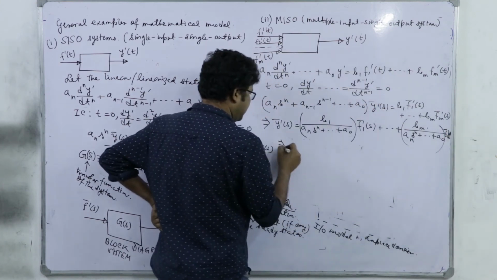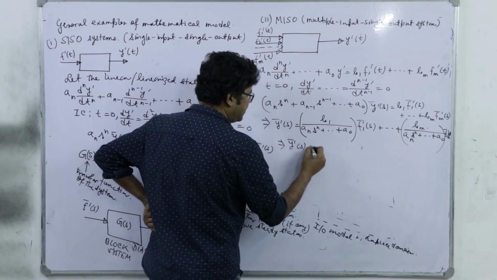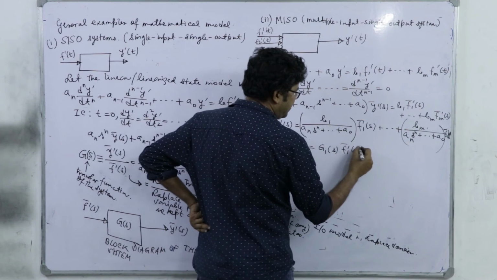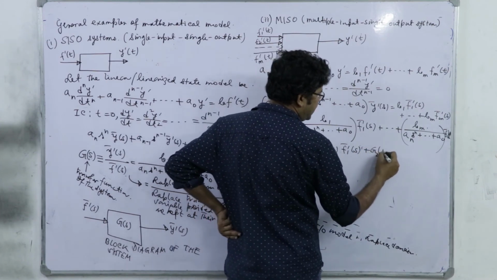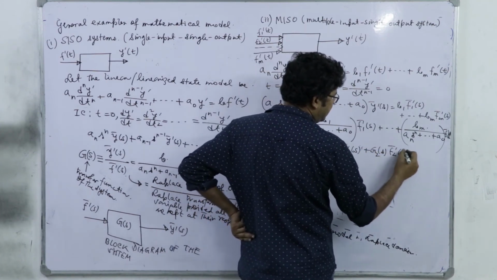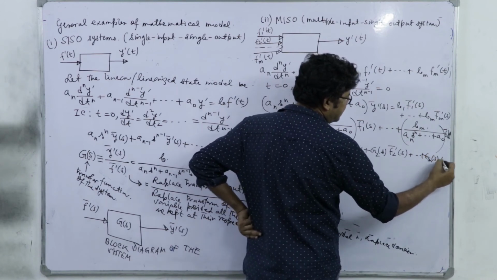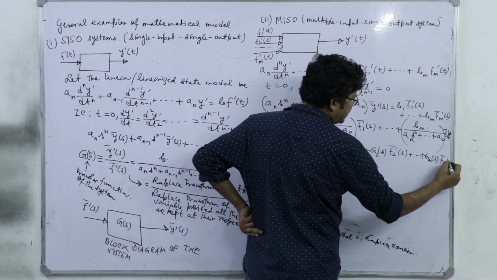Finally, we can write it as y prime bar s is equal to g1 s f1 prime bar s plus g2 s f2 prime bar s and so on up to gm s fm prime bar s.